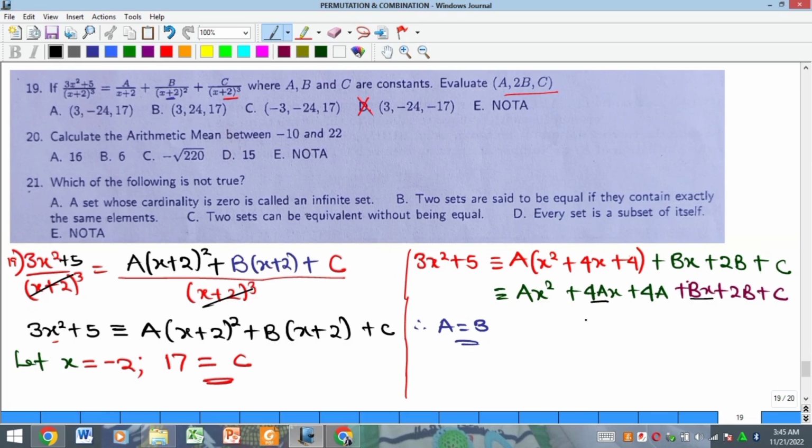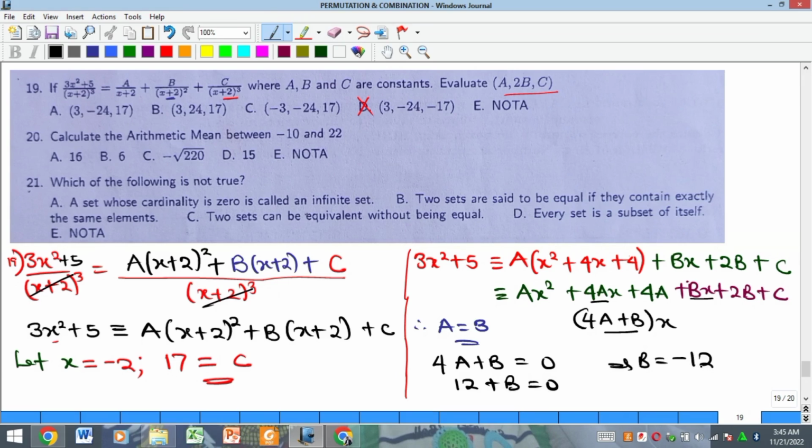So you are going to have (4a plus b) all into x. So the coefficient of x is 4a plus b. So 4a plus b must be equal to the coefficient of x on the left hand side, and there's no x here. What it means is that the coefficient is 0. And we already have our a as 3. That means 3 times 4 is 12 plus b is equal to 0. So the implication is that our b is negative 12.